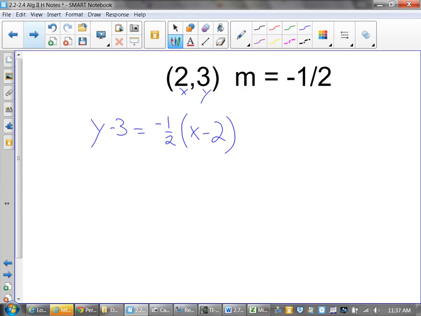Right. Distribute and solve for y. And then how do you move a negative 3? That's right.